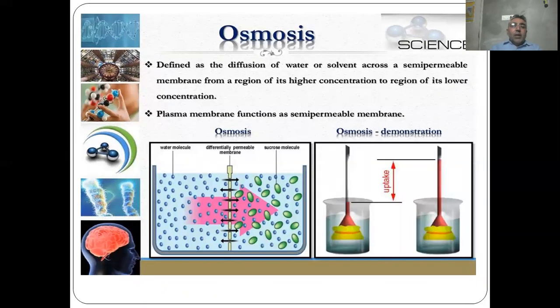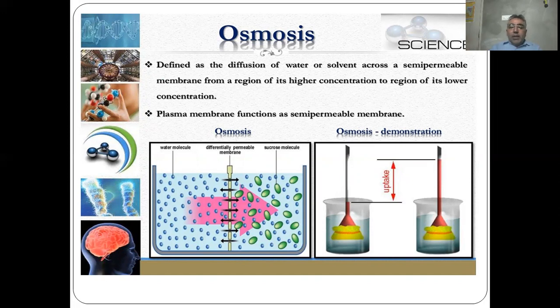Osmosis is defined as the diffusion of water or solvent across a semi-permeable membrane from a region of high concentration to a region of its low concentration. Plasma membrane functions as a semi-permeable membrane. Demonstration of osmosis: you can demonstrate the process of osmosis. You take a thistle funnel and cover it with the help of an egg membrane.